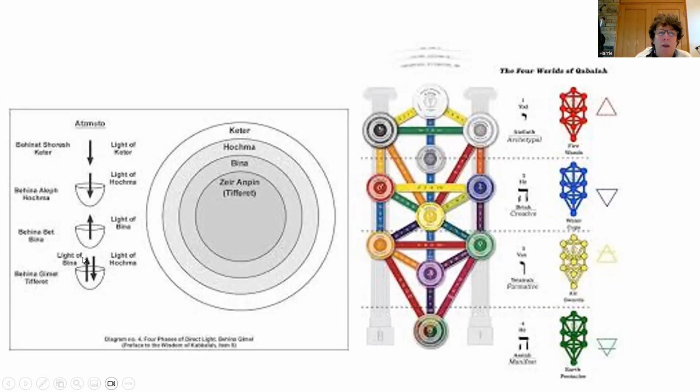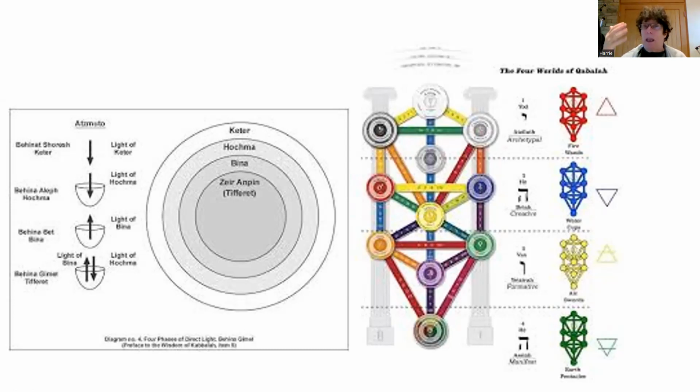You should also note that on some diagrams, it goes two ways. We think that what we do down here has an effect on upstairs. So if you do something down here, if you give to charity, for example, it adds sparks upstairs.